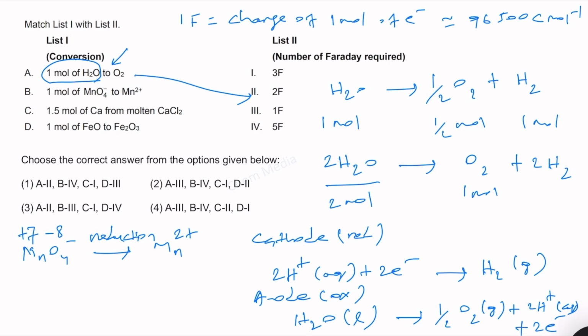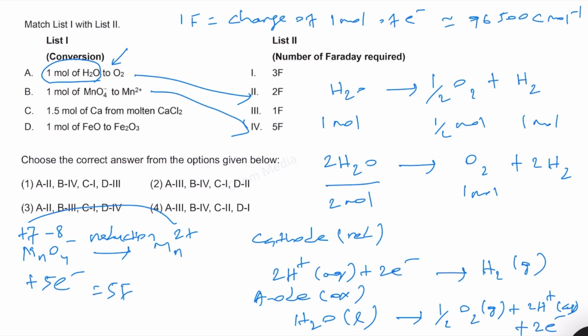So, plus 7 is becoming plus 2. That means this is a reduction reaction, and we need 5 moles of electrons. That means 5 Faraday. Therefore, B matches with 4.